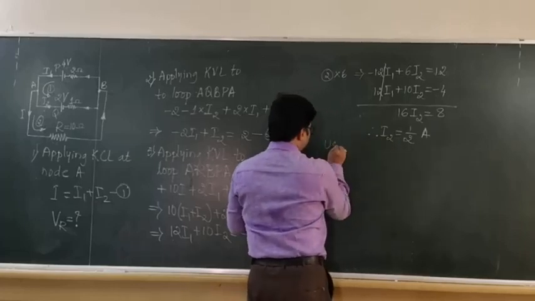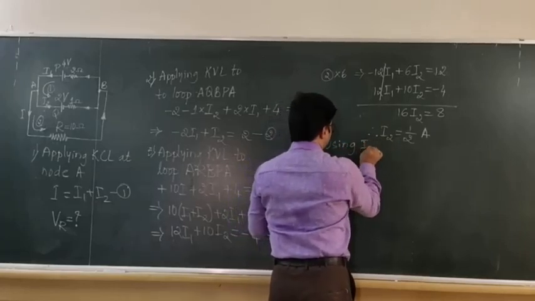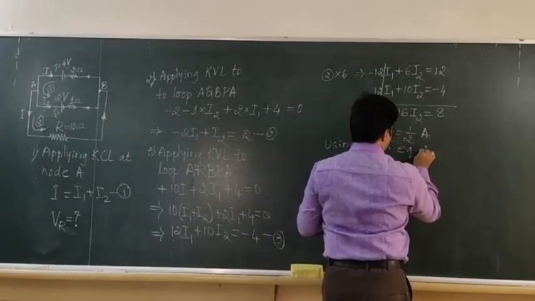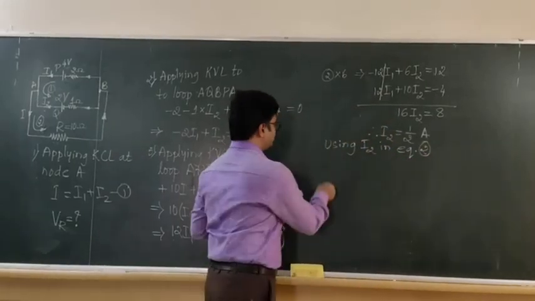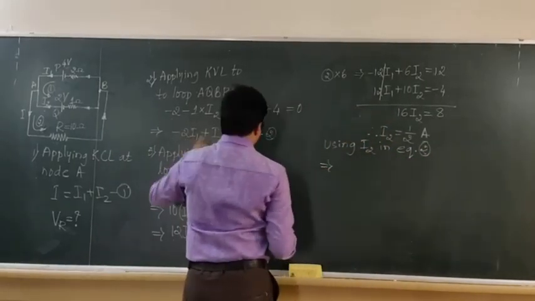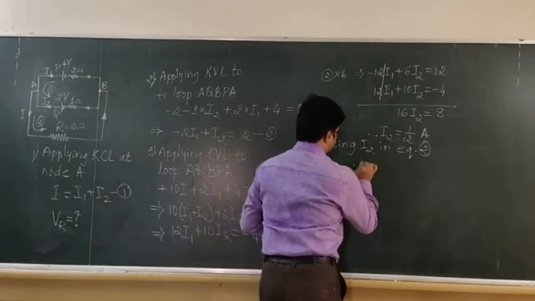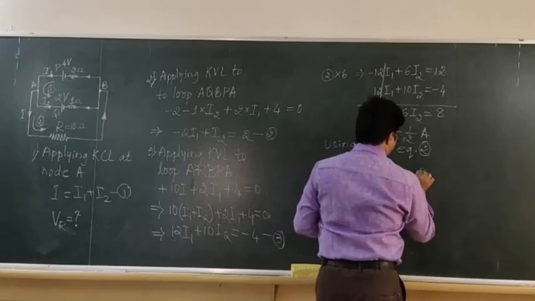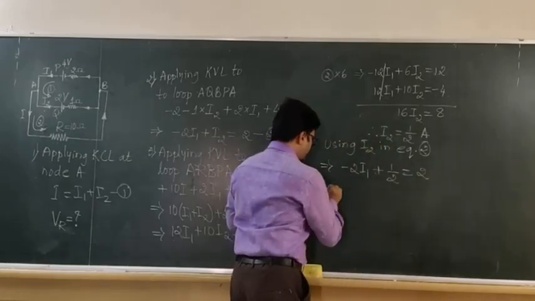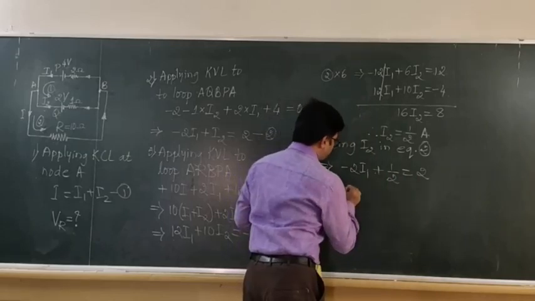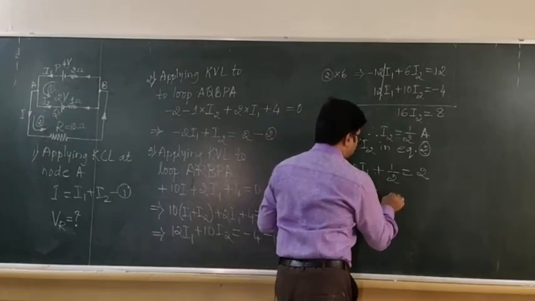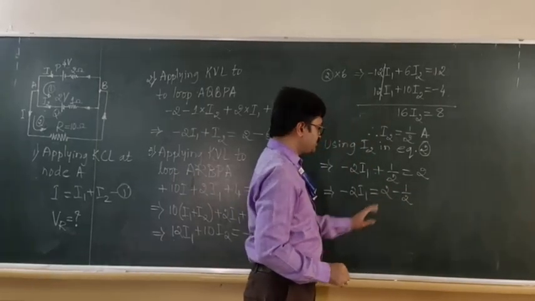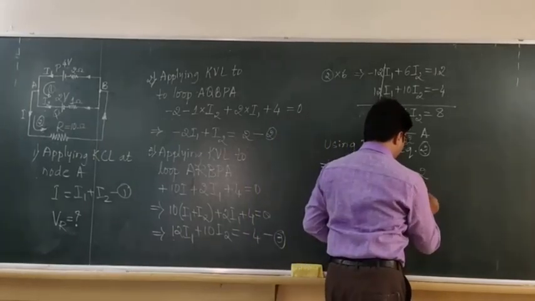So using I2 in equation 2, we can write this as minus 2I1 plus 1 by 2 is equal to 2. So we can write minus 2I1 is equal to 2 minus 1 by 2, which is 1.5, which is 3 by 2.